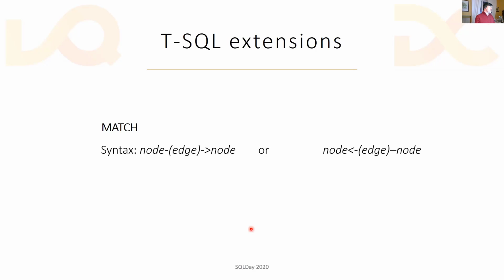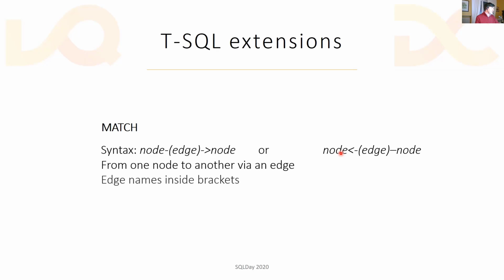When I use match, remember that the relationship must have a direction. So if I go this way, node, edge, node, or the other way around, it's giving me a totally different output, because I'm reading the data starting from a different point. One node to another node via an edge.